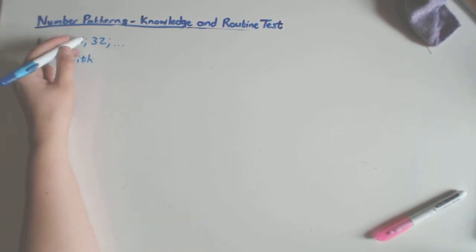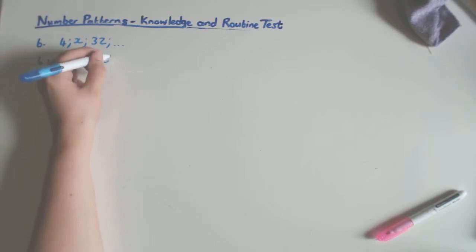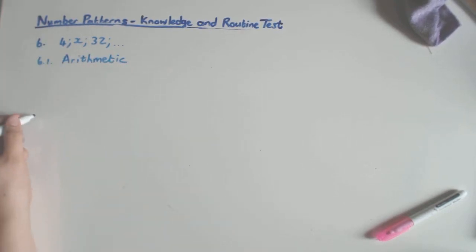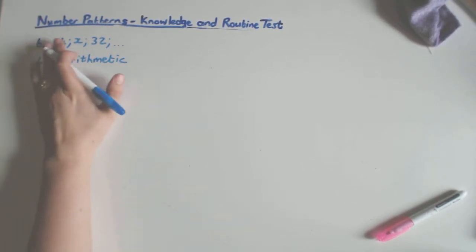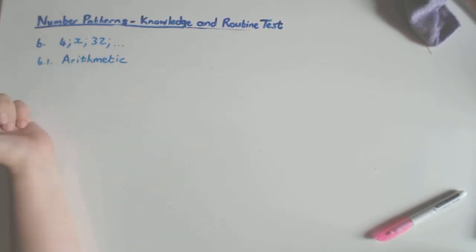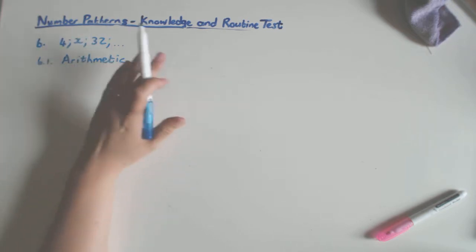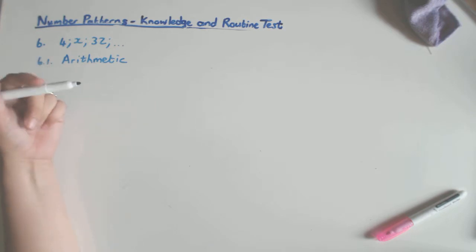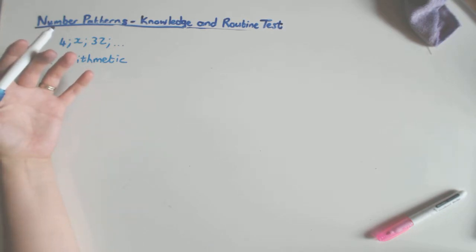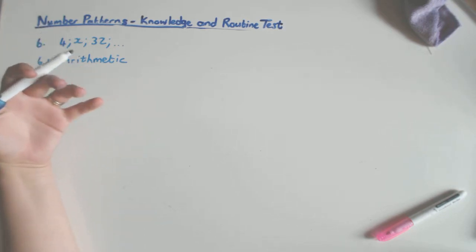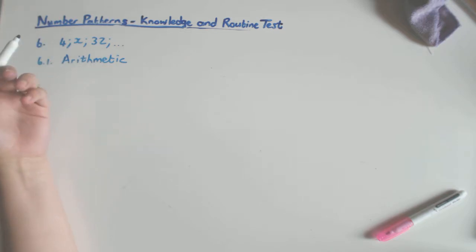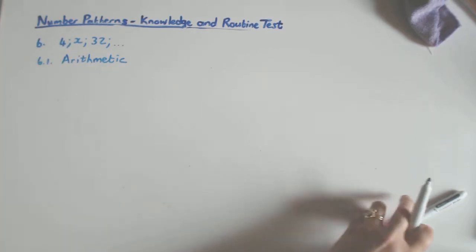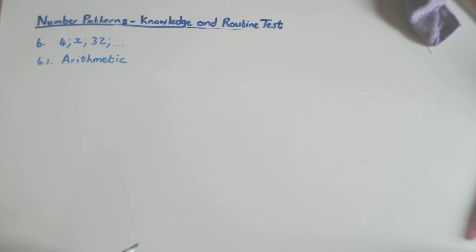So for 6.1 I want to find the value of x if the sequence is arithmetic, and for 6.2 the same thing, find the value of x if the sequence is geometric. So it might be a good idea to write down the question, pause the video, try it on your own, and then play and compare. Because we only really realize what we struggle with, where we are stuck and what we don't know once we start doing it on our own.